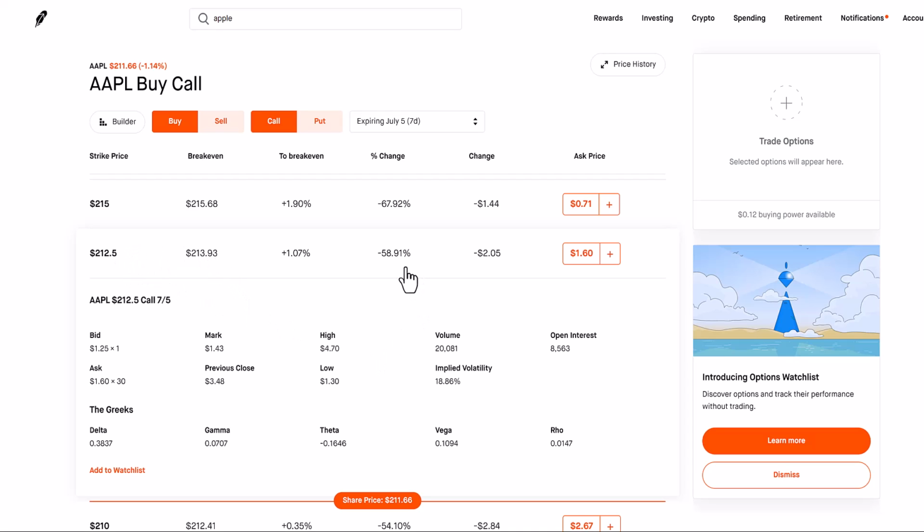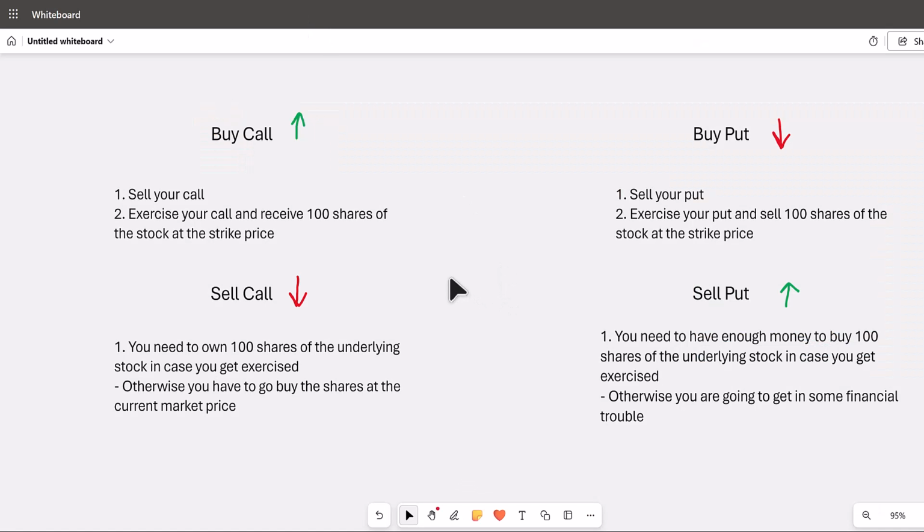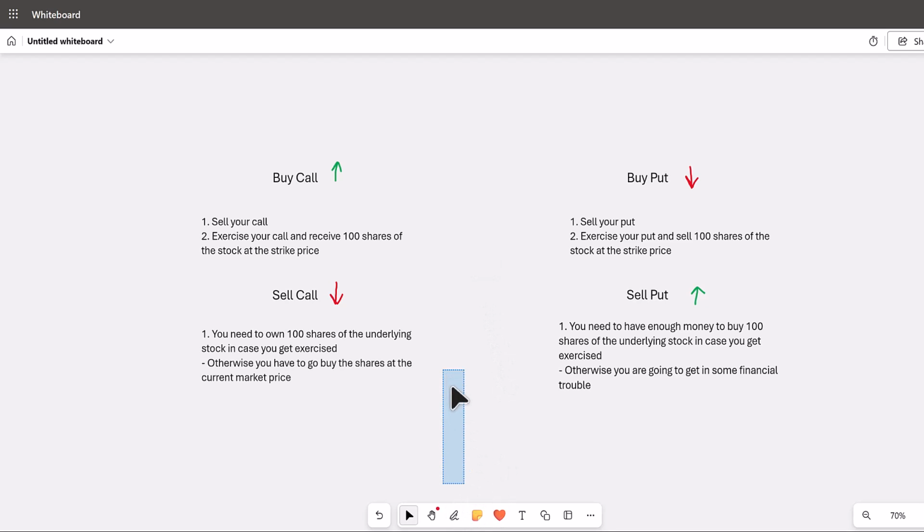With a call, the strike price is going to be the price at which you can buy that stock. So let's say Apple, for some reason, just went berserk. Okay, I'm going to go ahead and just draw a chart. Let's say Apple went like this, and it traded at $220.